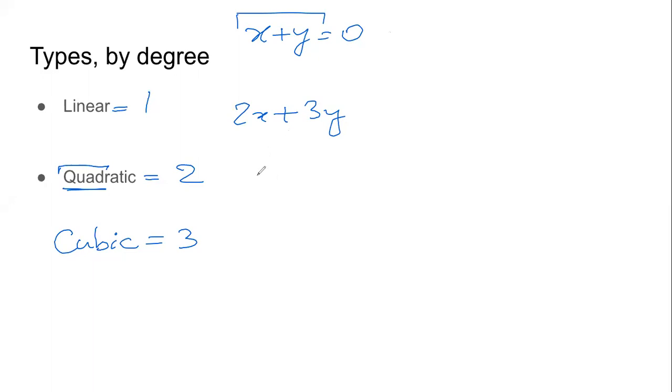Now let us make things interesting. 2 cube x plus 3 square y. What type of polynomial is this? Is it linear? Is it quadratic? It is cubic. Alfia is saying it is cubic. Chand is saying it is cubic. Khadija is saying it's linear. Correct?